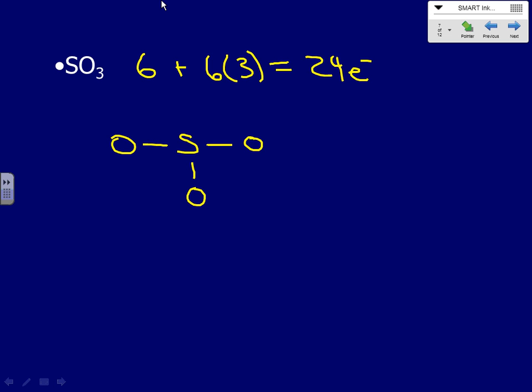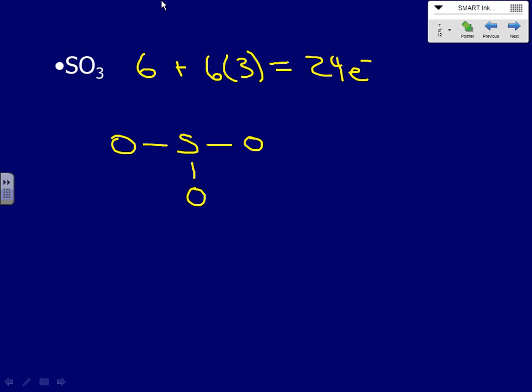So here's the question. How many of those 24 electrons did I use to make those single bonds? Essentially, let's now start taking electrons from our pile and start gluing together our atoms with bonds. How many electrons did I use there to make that skeleton? I did not use 12.